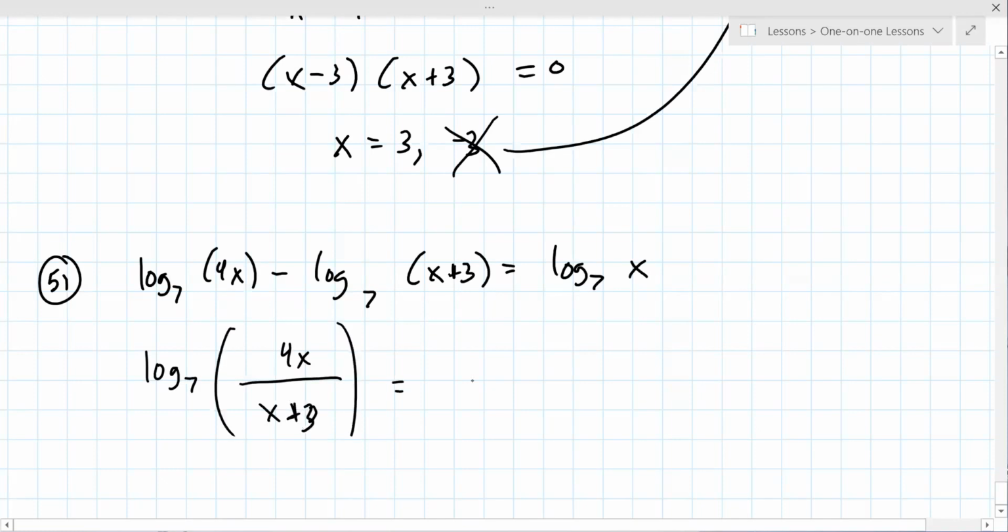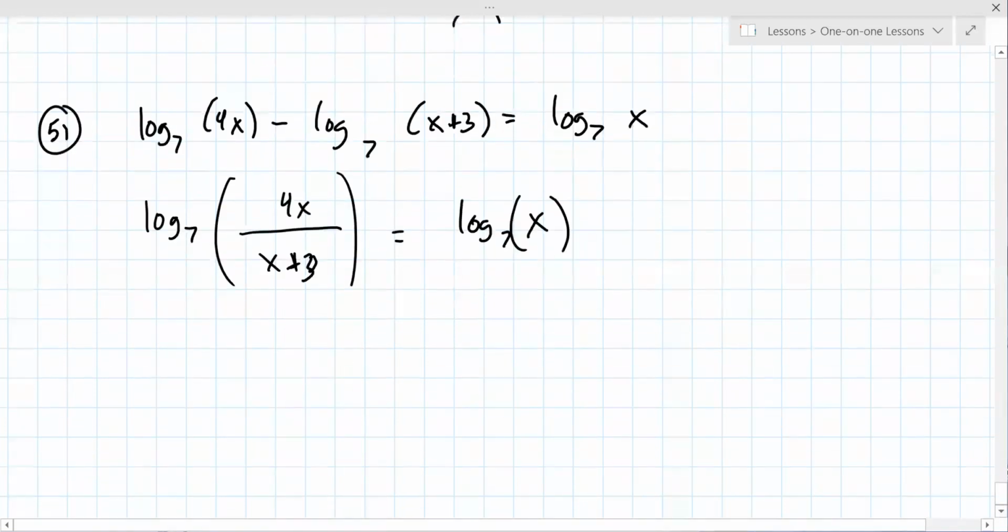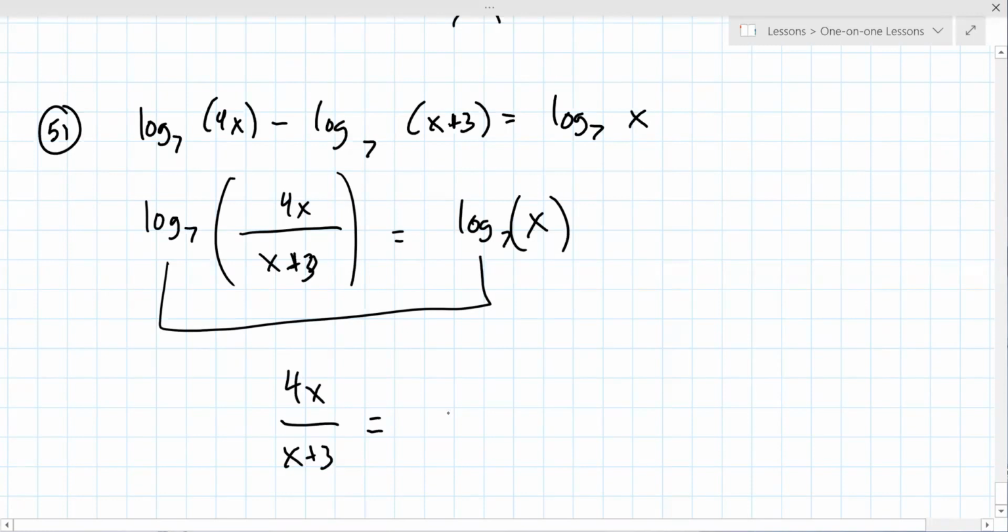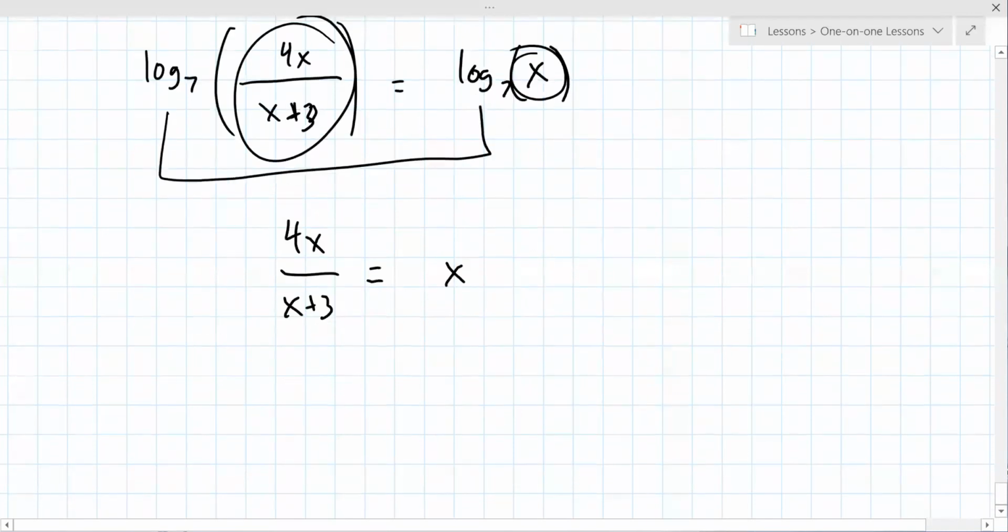Yeah. Equals log base 7 of x. So now, because these are both logs, you can set the inside part of this one equal to the inside part of this one, because the logs are the same. And then you just cross multiply to solve this.